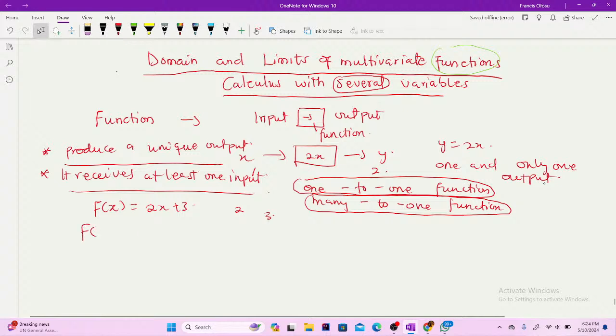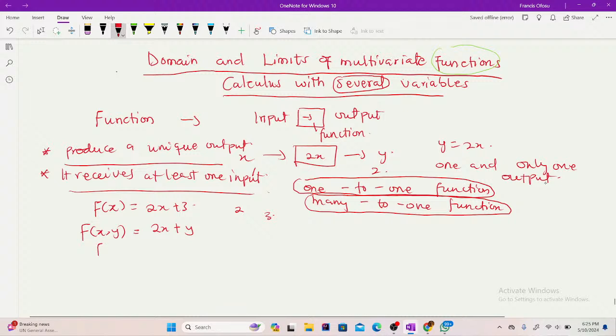You can get a function f(x, y) = 2x + y. This is a typical several variable function. We can also have a function that takes in three inputs.